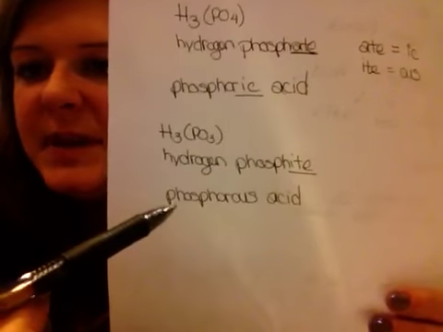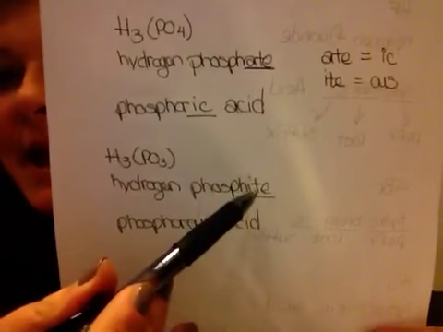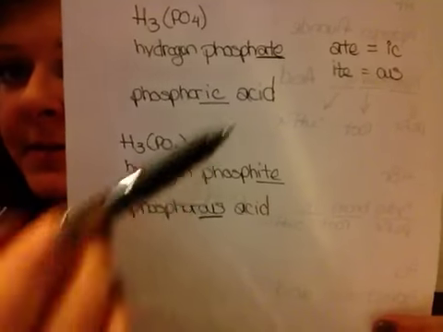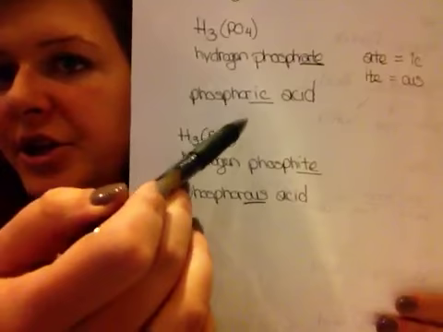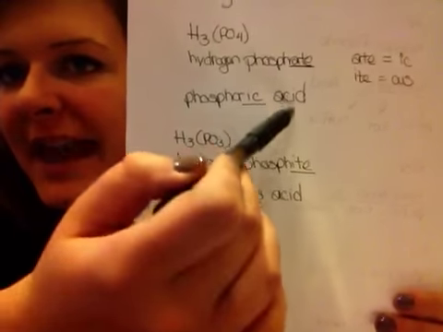So instead of hydrogen phosphite, I'm going to call this phosphorous acid. If it ends in -ite, we're changing it to -ous. If it ends in -ate, we're changing it to -ic. And make sure you have the word acid following whatever word you've just changed.